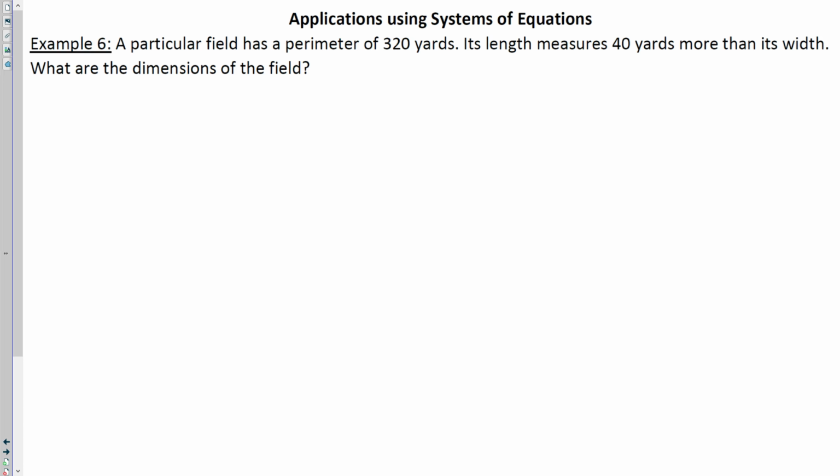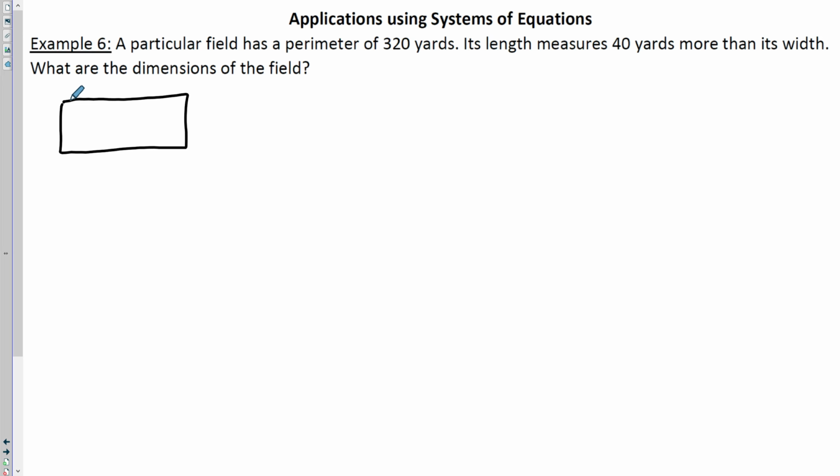So a field, if you think of sports like football and soccer and all those different sports, they tend to have fields that are rectangular. There are exceptions, of course, like baseball, which is not a rectangular field per se. But I have evidence that it's going to be a rectangle as well because they talked about length and width.